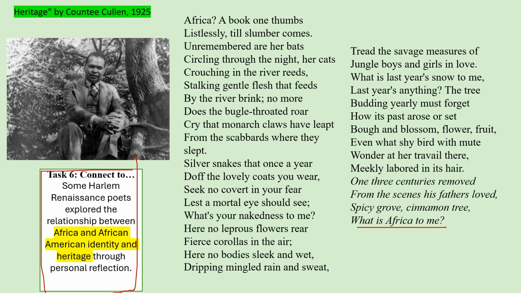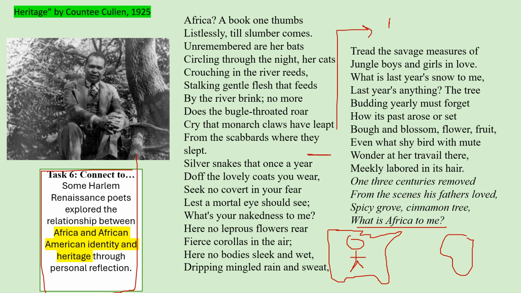And what they're trying to do here is look at Africa and trying to establish some sort of connection, some sort of identity with Africa, because these African Americans living in America are really at a disadvantage with regard to how they're being portrayed, and that is reinforcing that negative perception, which then when we look back at the vicious cycle, reinforces that belief in inferiority.